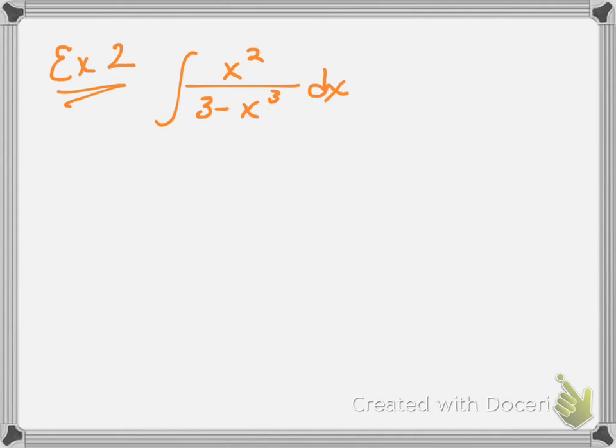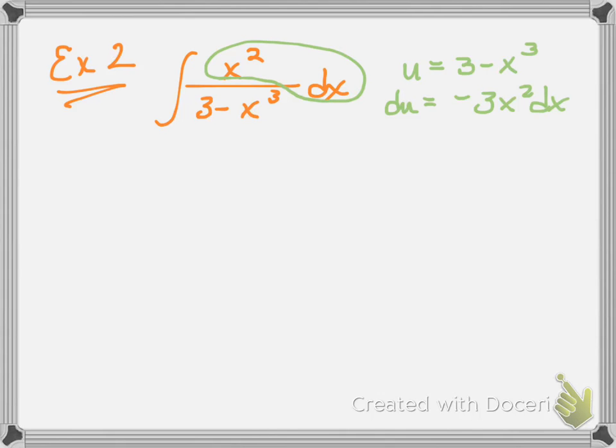Let's try another one. So example 2. You might even be ahead of me at this point, but we're going to let u equal the denominator, 3 minus x cubed. Why? Because I'm noticing that the derivative of that is negative 3x squared, which means, if I look carefully, I have the x squared and the dx. I just don't have the negative 3. So I'm off by a negative 1/3.